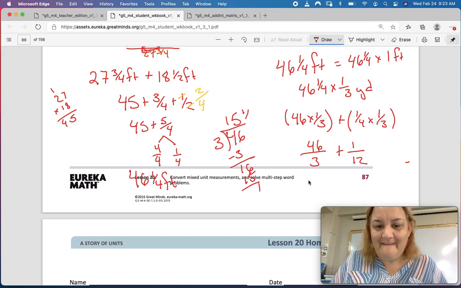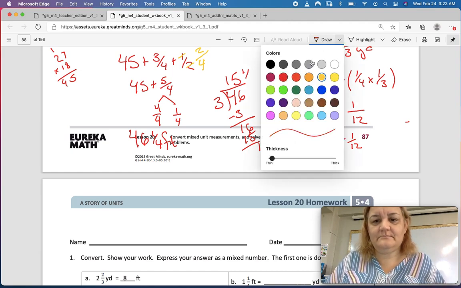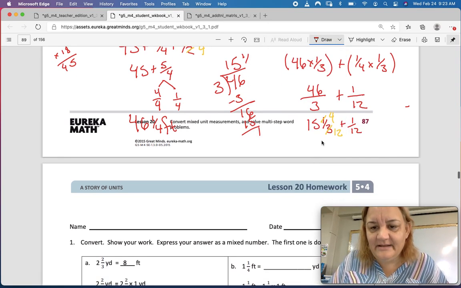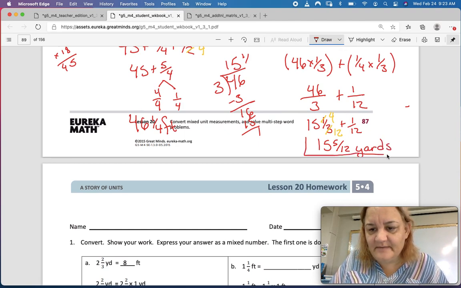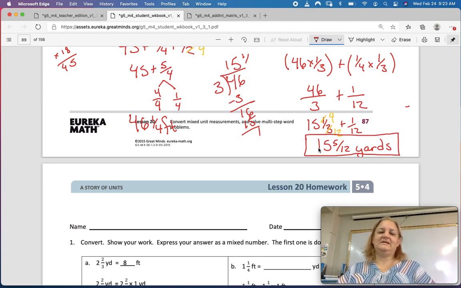Okay, so now I have 15 and 1/3 plus 1/12, and I can multiply this by 4 and get 12, and this by 4 and get 4. So now I can add 15 and 4/12 plus 1/12 would be 5/12 yards. Sorry, I took you on a goose chase there for a minute. 15 and 5/12 yards. That's your answer.